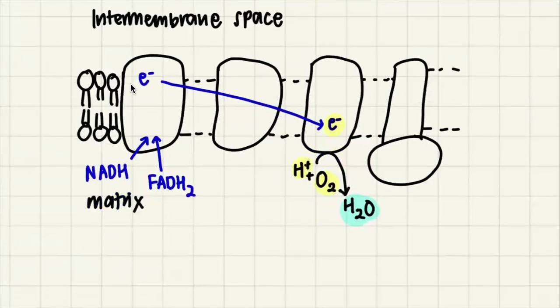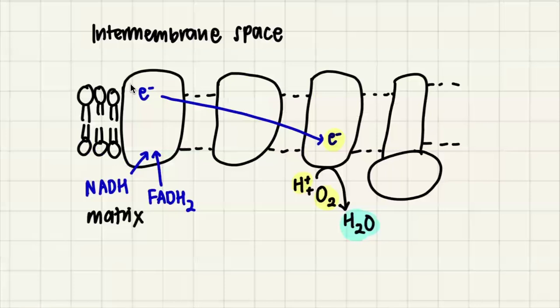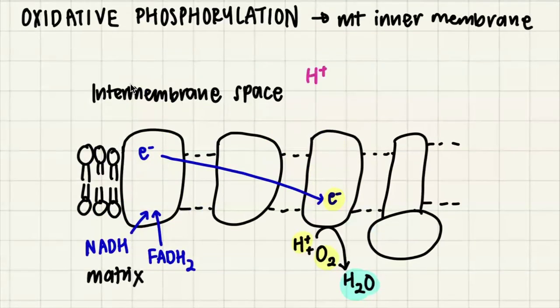Alright, okay, so as your electrons go down the electron transport chain, they lose energy, and this energy is used to pump protons across the inner mitochondrial membrane. Okay, so remember where your protons are accumulated? Your protons are accumulated in your intermembrane space. So they're here. We'll draw a lot of protons.